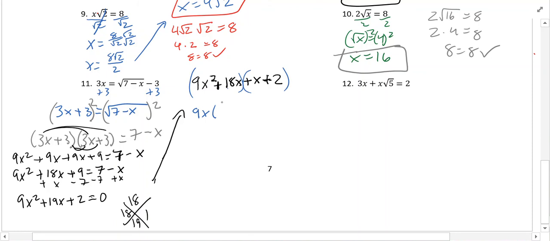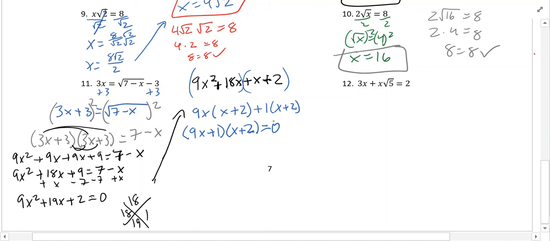So when you factor this, you're left with x plus 2. Here, the only thing they have in common is a positive 1, so you're left with x plus 2. So then your final form is 9x plus 1 times x plus 2 equals 0.